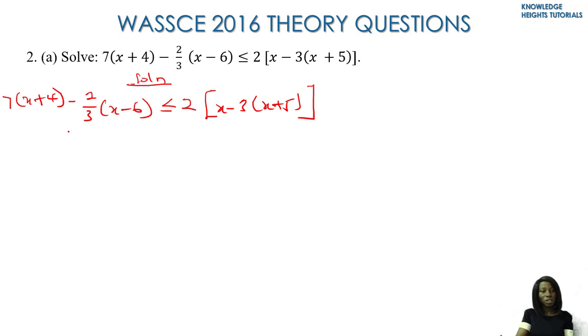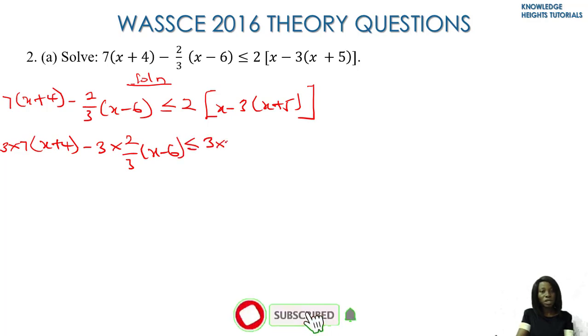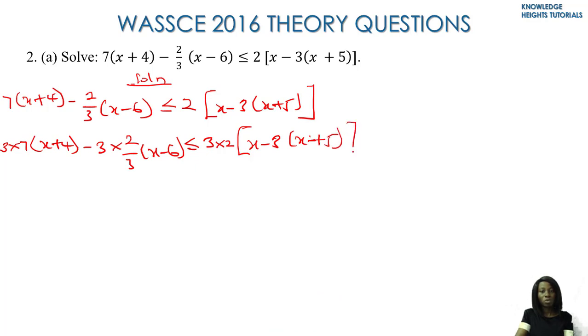Because it is an inequality, we are going to multiply both sides by this 3. So we have 3 times 7 all into x plus 4 minus 3 times 2 over 3 into x minus 6, less than or equal to 3 times 2, into x minus 3, x plus 5, closing your brackets and your parenthesis.